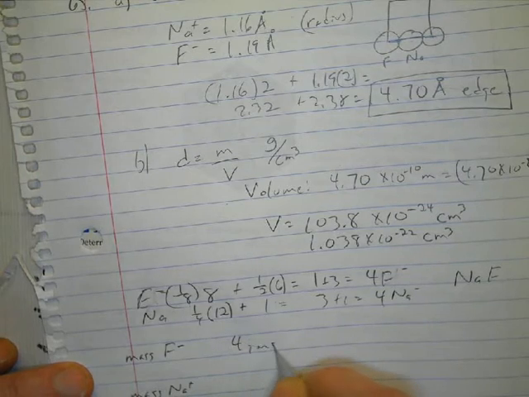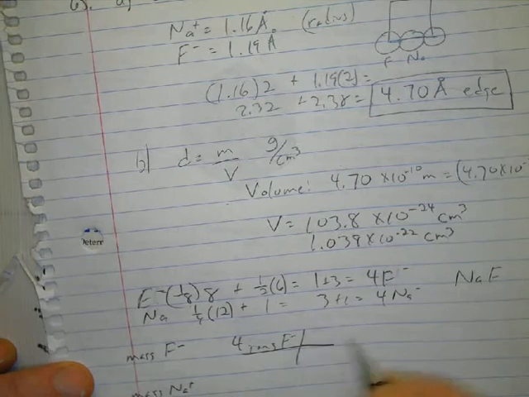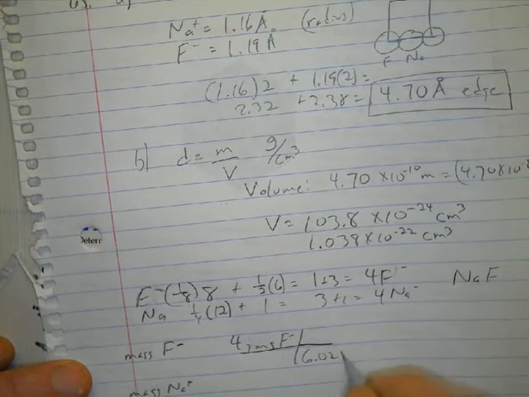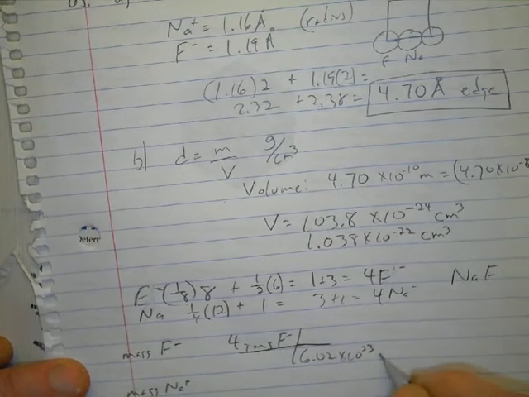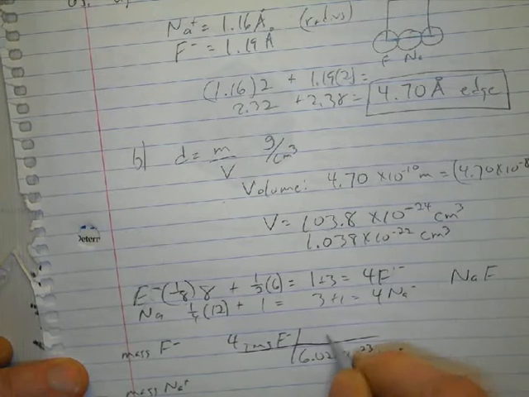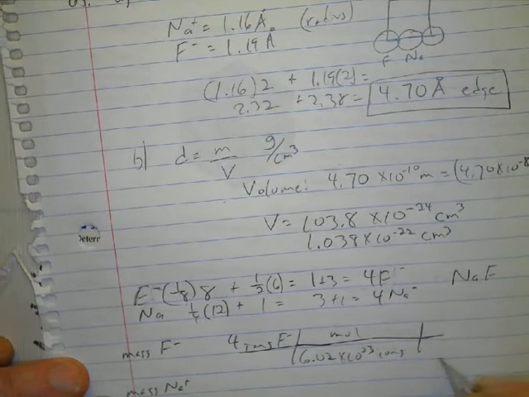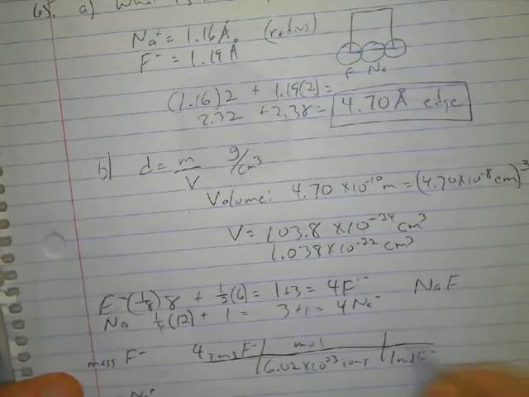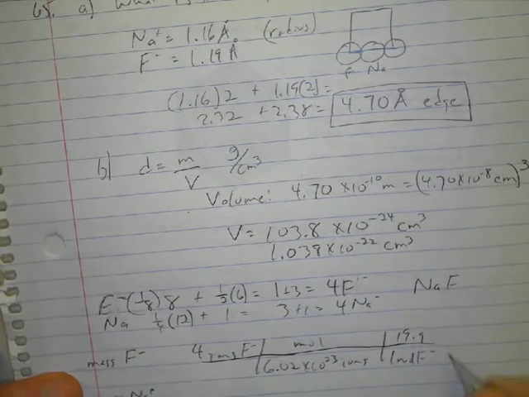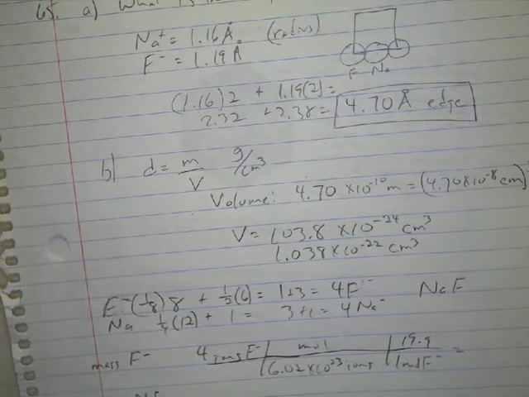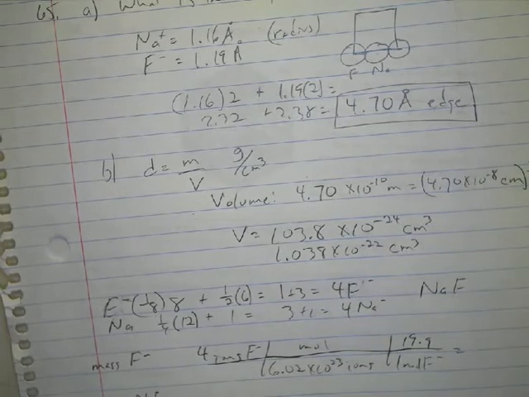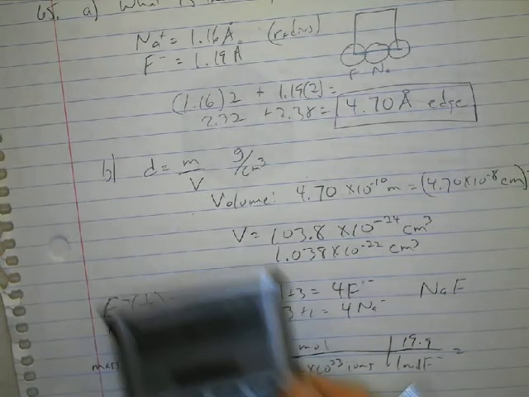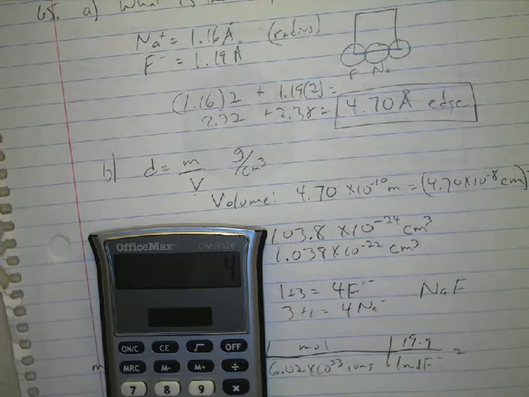Okay, there are 6.02 times 10 to the 23rd ions in a mole, and a mole of fluoride weighs 19 grams. Okay? So this turns out to be 4 times 19 divided by 6.02.